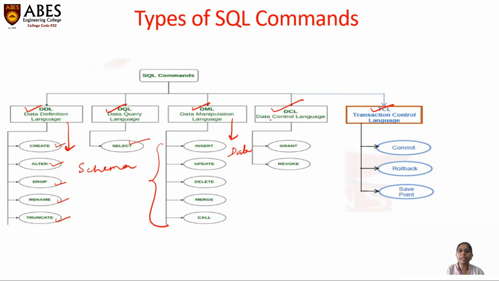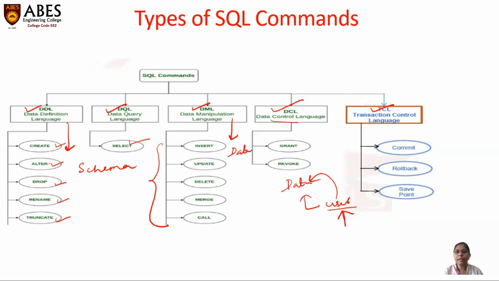Similarly, next we have data control language. Suppose you have stored some data in the database and users can access those data. Suppose we want to provide certain permission to this user on data, then we can use this data control language.